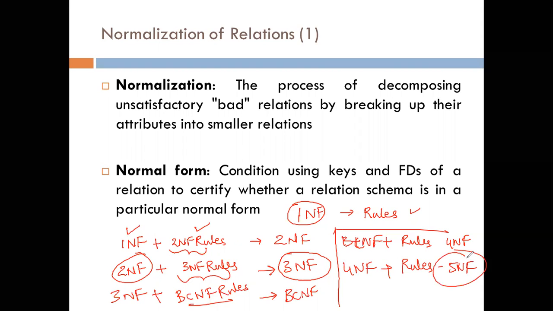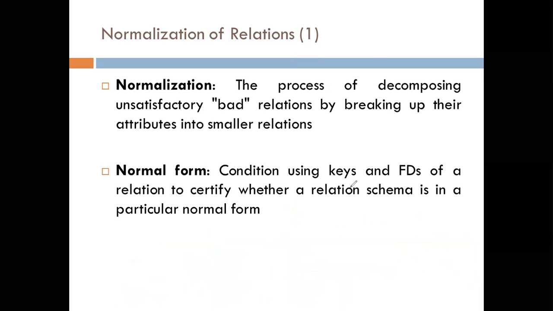And fifth normal form is the highest level of normal form. If we represent it in a hierarchical form, then we will have 1NF over here, on top of it second normal form, then third normal form, then BCNF, then fourth normal form, then fifth normal form.